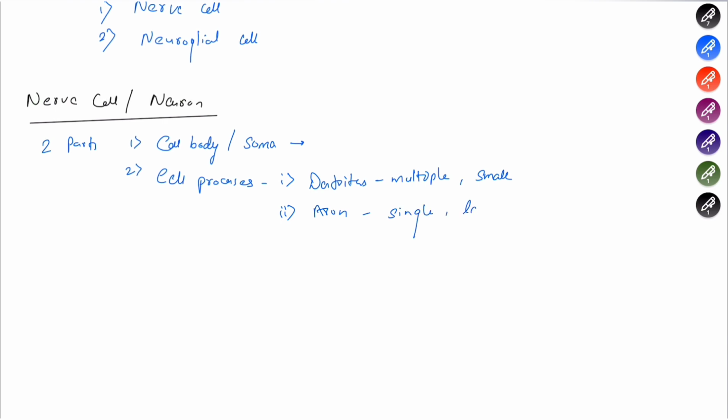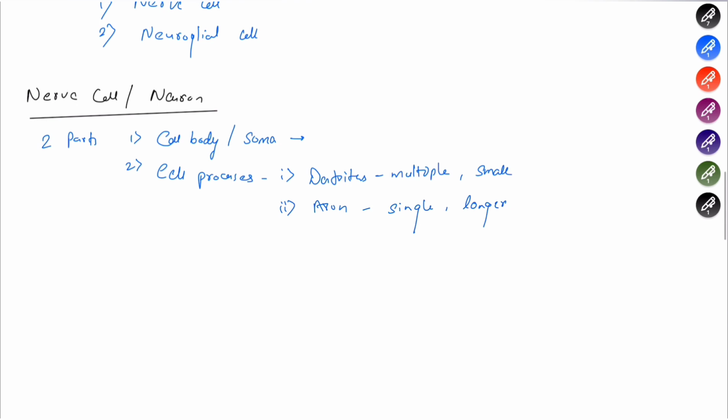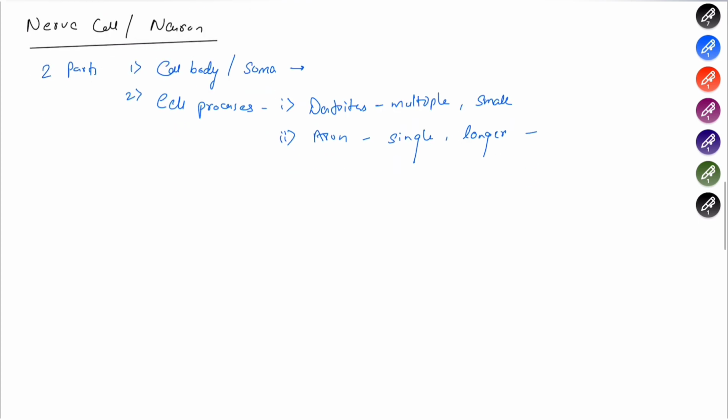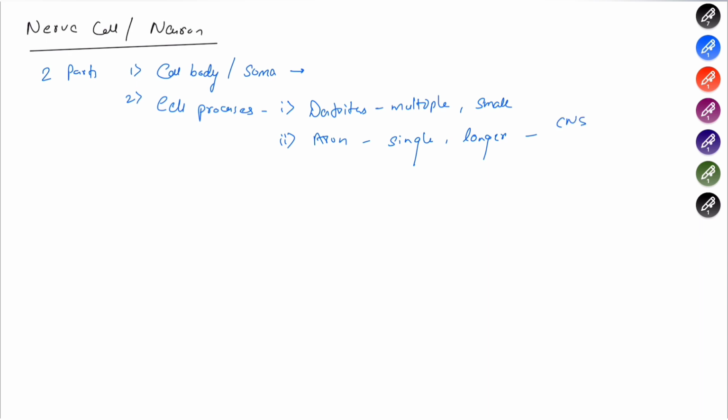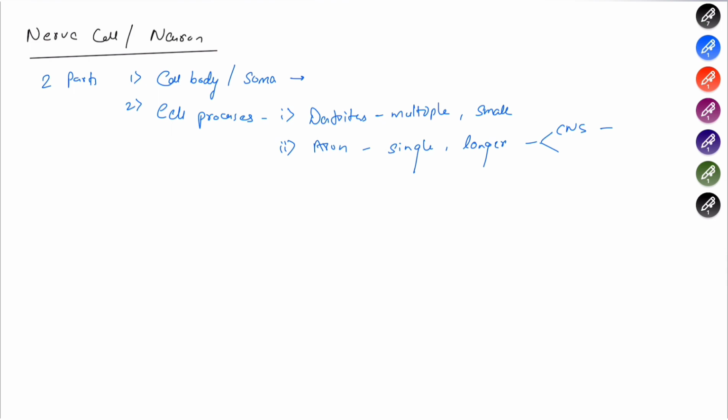Now a group of axons forms the white matter. White matter in the central nervous system is known as tracts, and in the peripheral nervous system it is known as nerve.